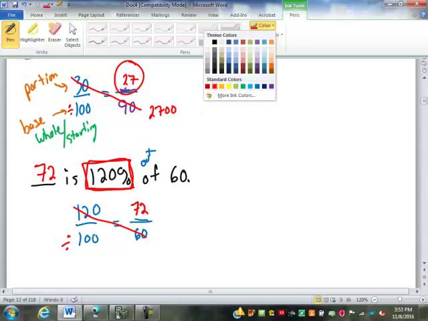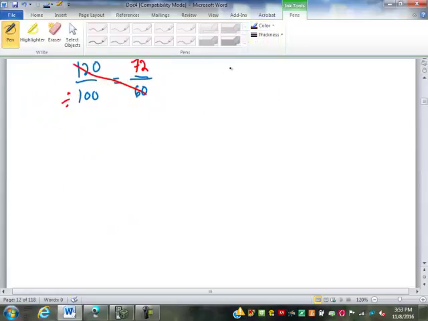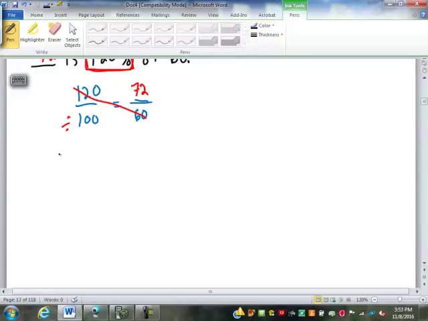This next one is a similar problem. It's just going to be worded differently again. Blank percent of 40 is blank. So we have 80%, which is 80 out of 100. Now we have the other two numbers to match up.